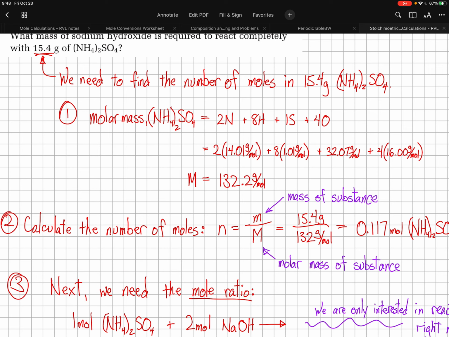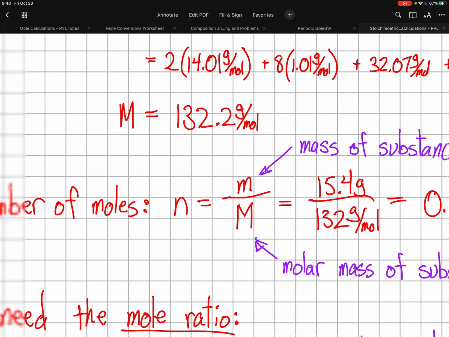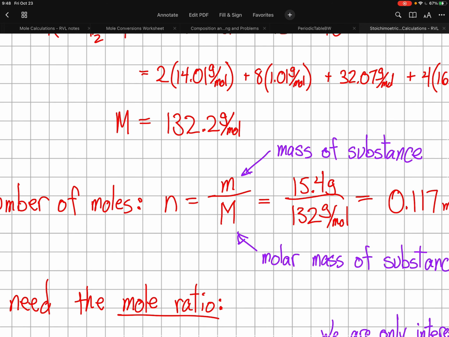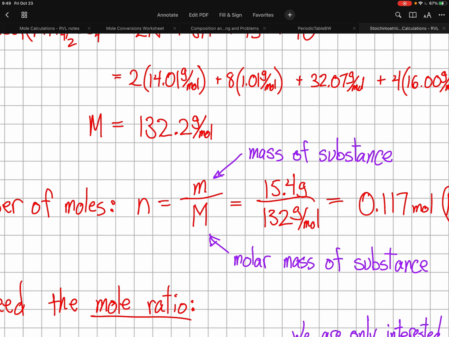So then we calculate the number of moles in our substance, and we do that by using this equation, which you should recall from previous lessons. It is very, very important. So the number of moles is simply equal to the mass of the substance divided by the molar mass of the substance.